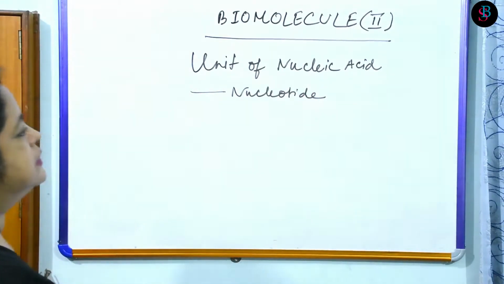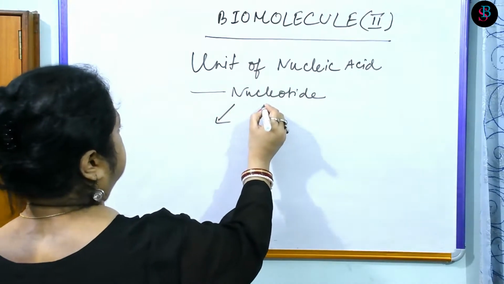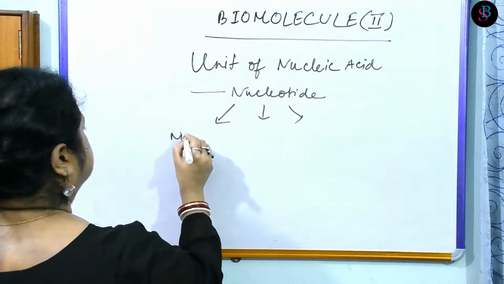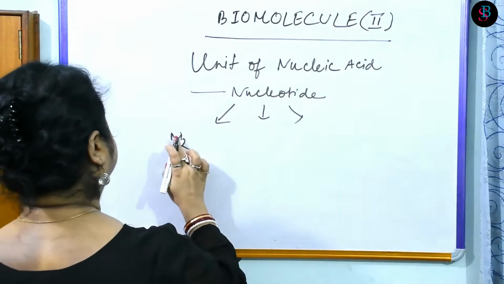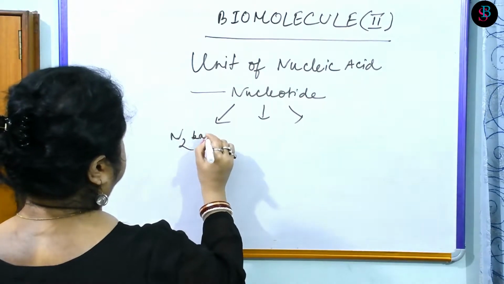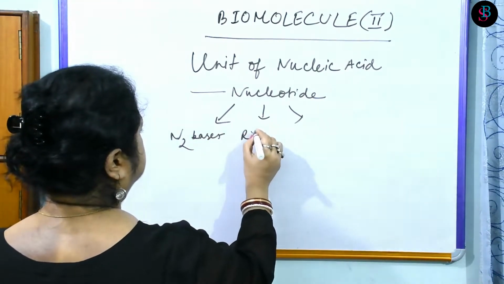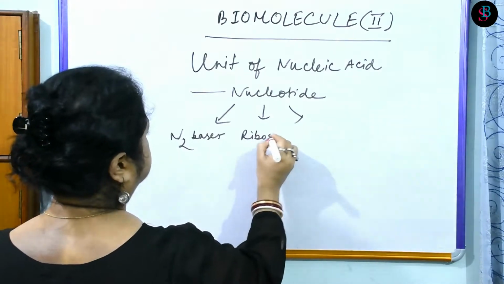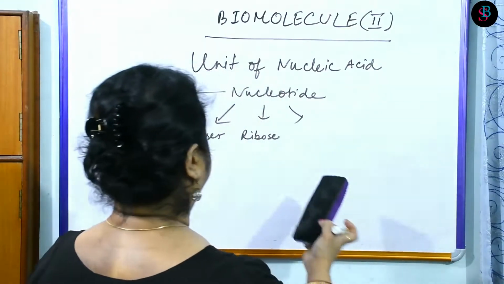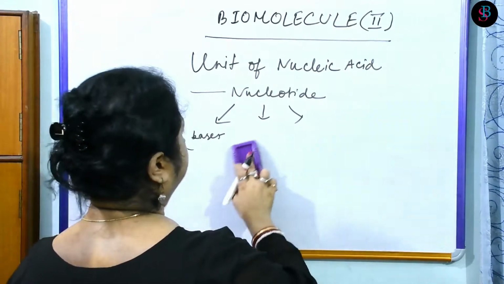Now what are the components of the nucleotide? The basic components of the nucleotide are nitrogenous bases, N2 bases, and pentose sugar, as it has two kinds, ribose and deoxyribose.